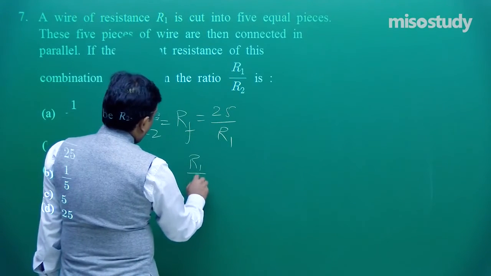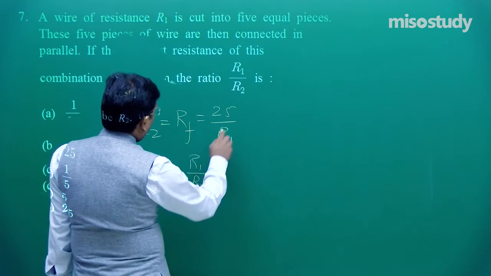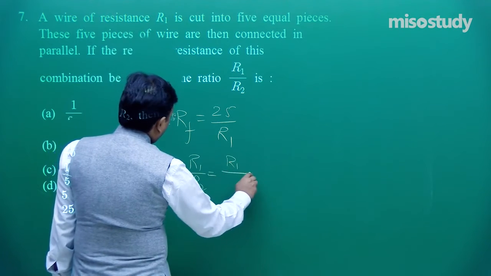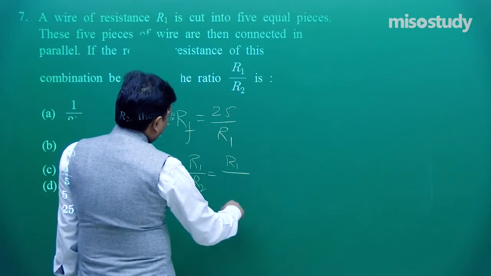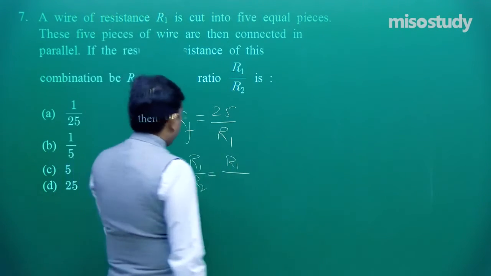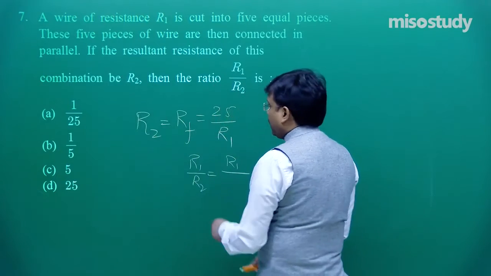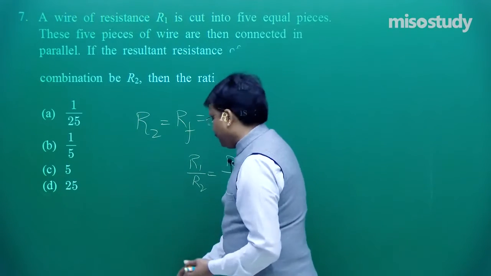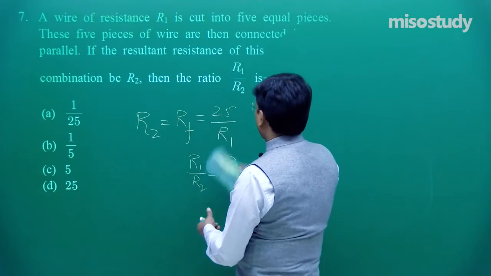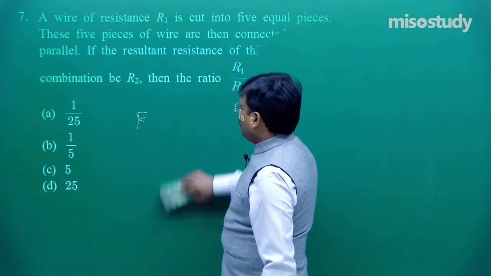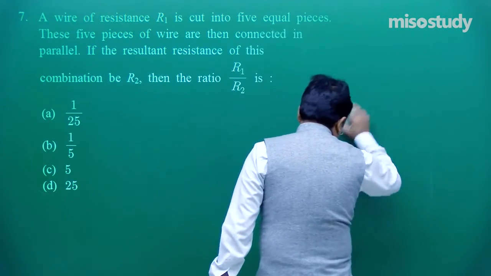So, R1 upon R2 is equal to R1 upon 25 upon R1. So, R1 is going to be cancelled, fine. You will get 25 as your answer. So, D is the correct option of this question number 7.